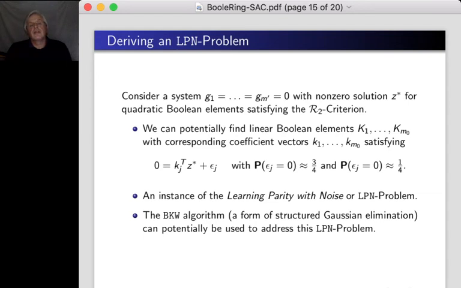And we can write this as 0 is k dash transpose, the coefficient vector, times z star, the solution, plus epsilon j, where epsilon j is a random variable that takes the value 0 with probability approximately 3/4. I'm sorry, there's a misprint there, and takes the value 1 with probability 1/4. So this is actually an instance of a well-known problem called the learning with noise problem. The BKW algorithm, which is a form of structured Gaussian elimination, can potentially be used to address this LPN problem.